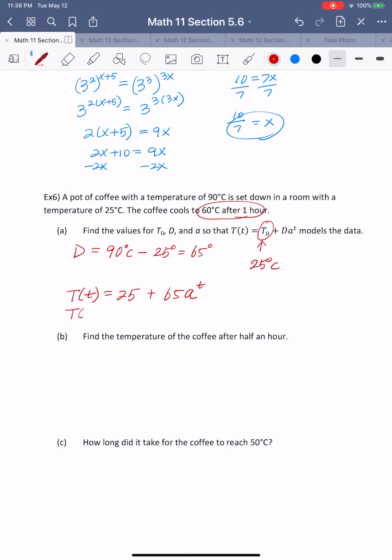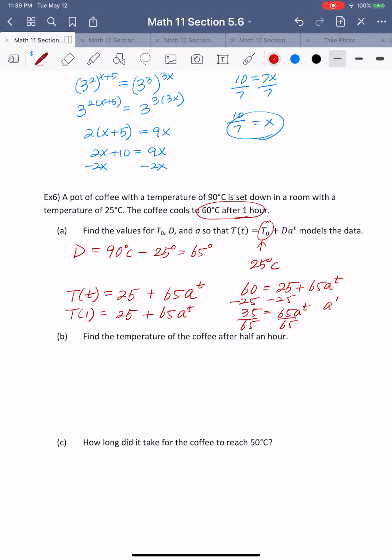So T(1) equals 25 plus 65 A to the t, but T(1) is the same as 60. So 60 equals 25 plus 65 A to the t, and subtract 25 on both sides. I got 35, which is 65 A to the t, divided by 65.